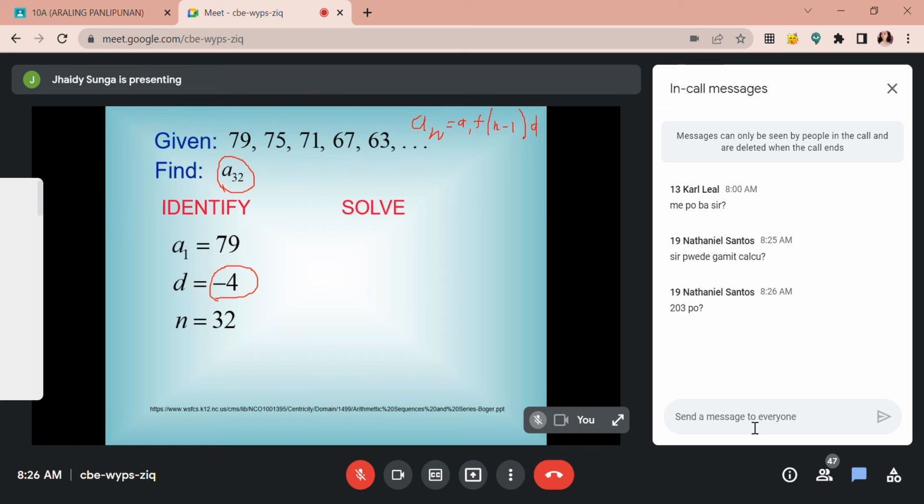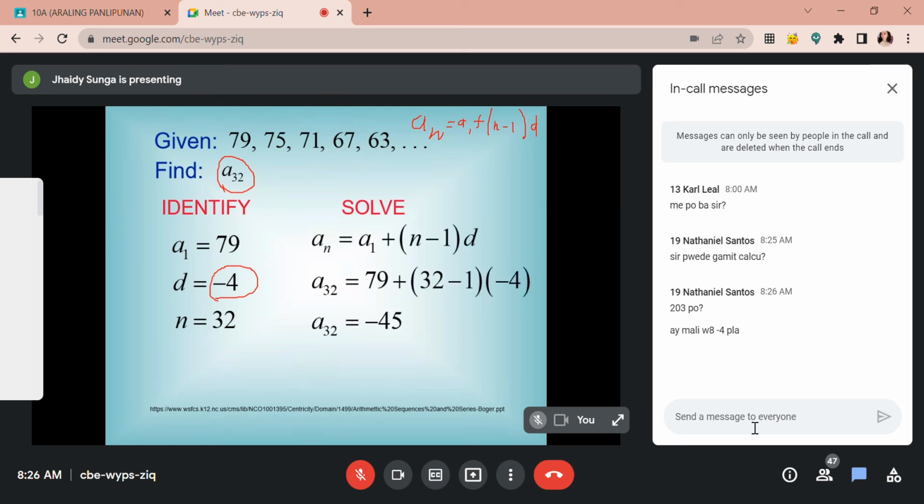To solve that one, a sub n, always in solving any problem with a formula, start with the given, what was asked, and the proper order in solving. First, the formula, then substitute it. So we have a sub n is equal to a sub 1 plus n minus 1 times d.